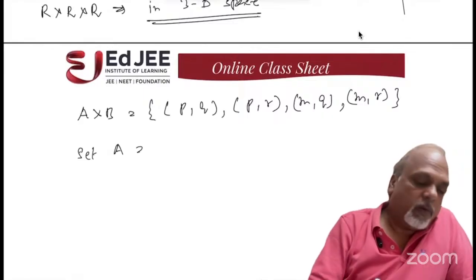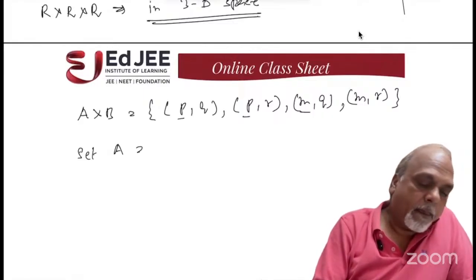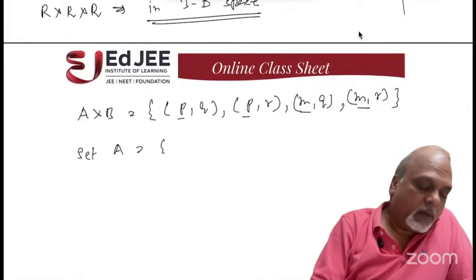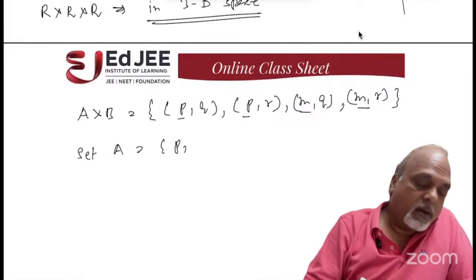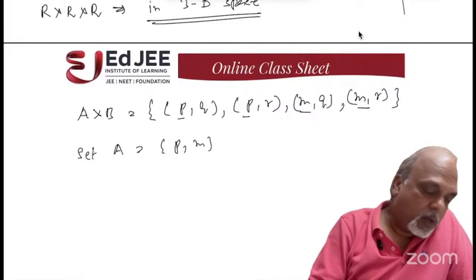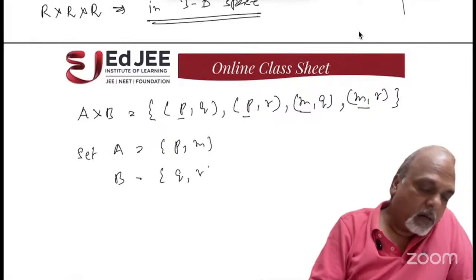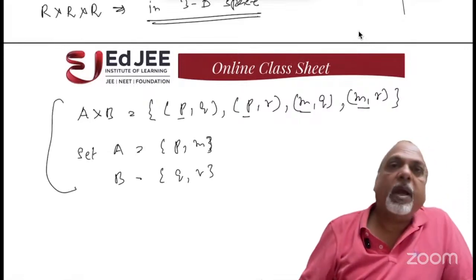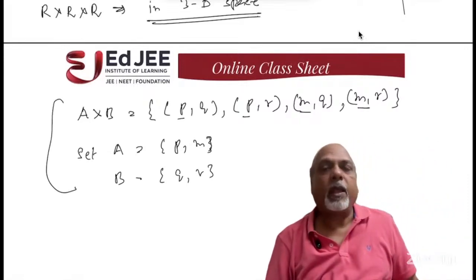Set A you can always find out. That is, set A is nothing but P and M, and set B is nothing but Q and R. This is the backward method. Correct.